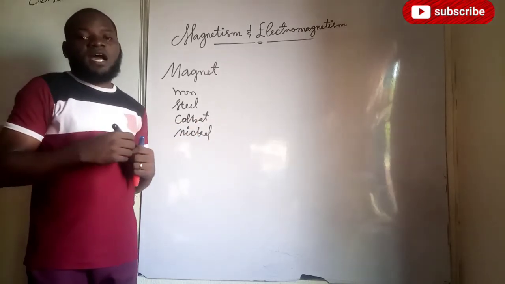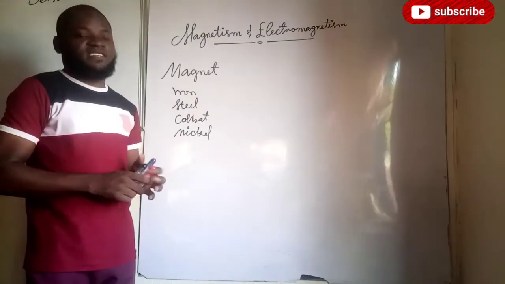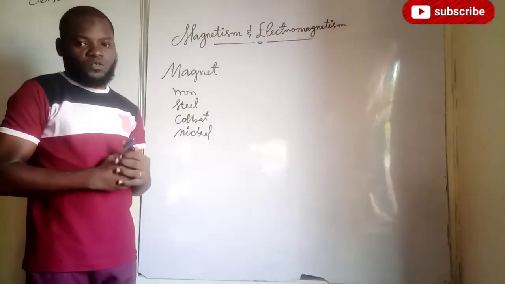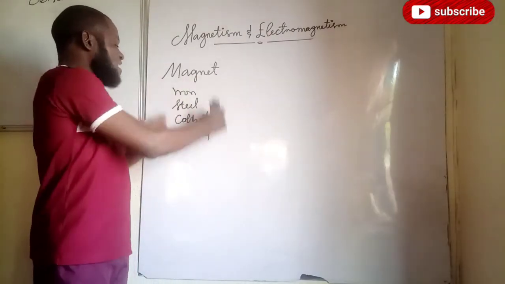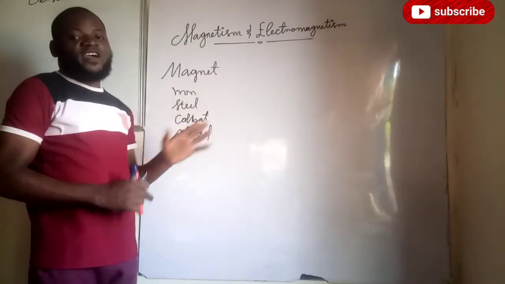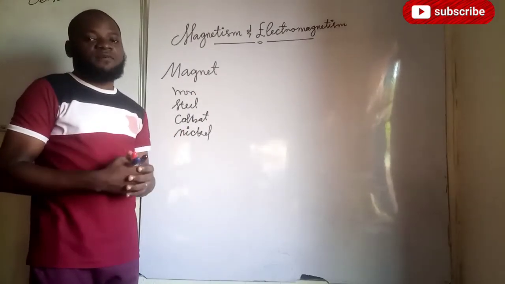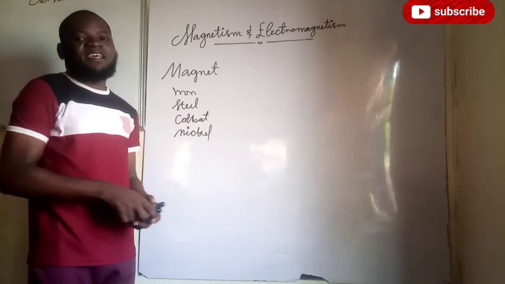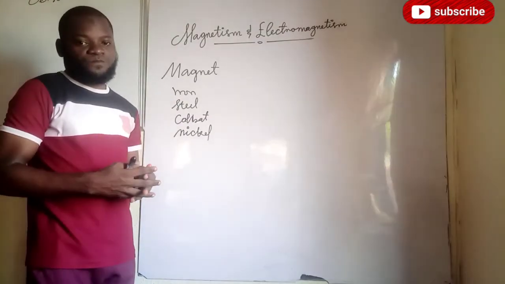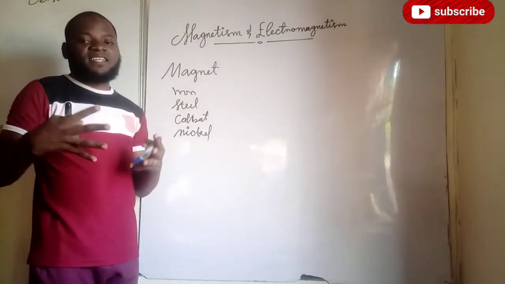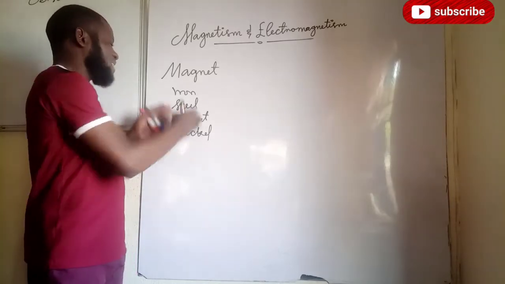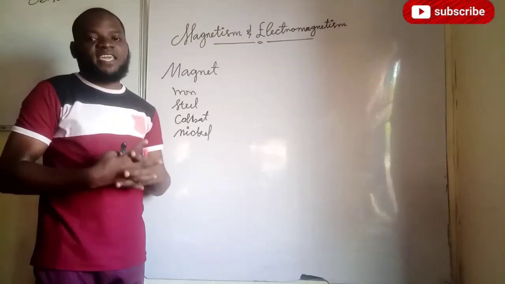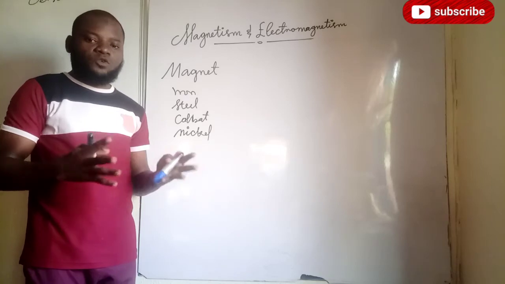All these are substances that can be attracted by a magnet. Are we together now? Any substance that can be attracted by a magnet, we refer to as a substance that has magnetic molecules. When a substance has magnetic molecules in it, then that substance can be attracted by a magnet. Do we understand that now?